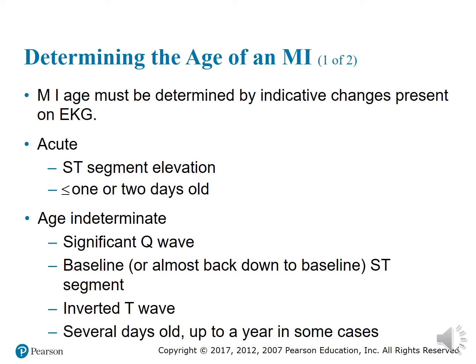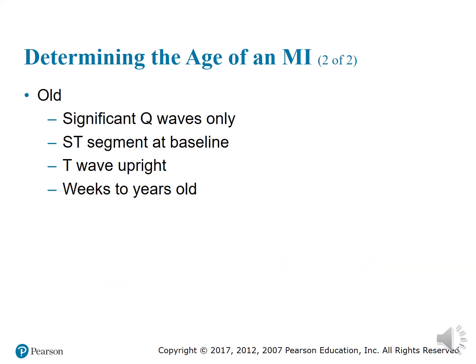Age indeterminate: significant Q waves, baseline or almost back down to baseline ST segment, inverted T waves, several days old, up to a year in some cases. An old MI has significant Q waves only, ST segment at baseline, and an upright T wave, weeks to years old.